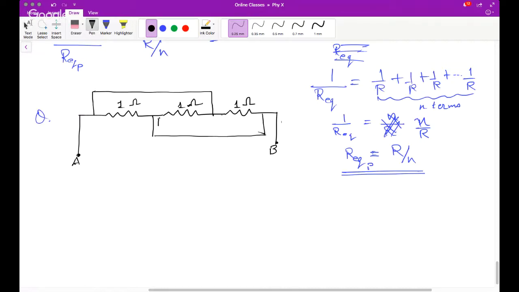Let's say this is C and D. Okay, and let's say E and F. Current takes the path of least resistance. Okay, so why is it 1 ohm? Ishan, why is it 1 by 2 ohm?